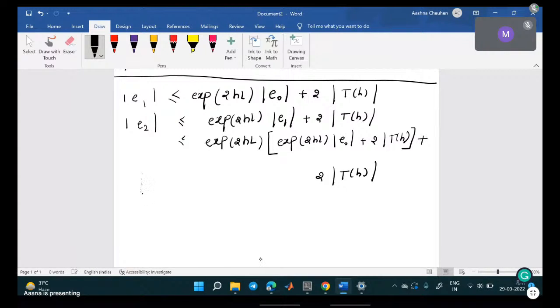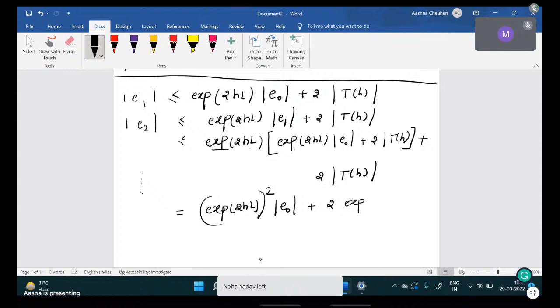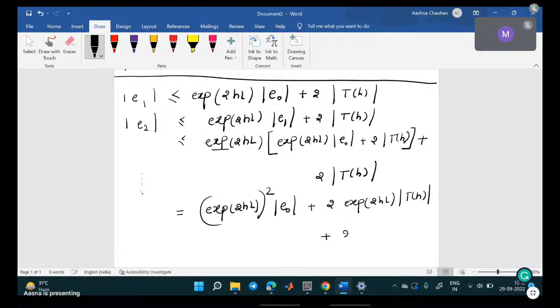And similarly, if we do up to En, let me try to open this again. I'm writing the same equation here. Here I'm multiplying this exponential of 2HL inside this bracket. So I get exponential of 2HL whole power 2 mod E naught plus twice of exponential of 2HL mod of TH plus twice of mod of TH, right?